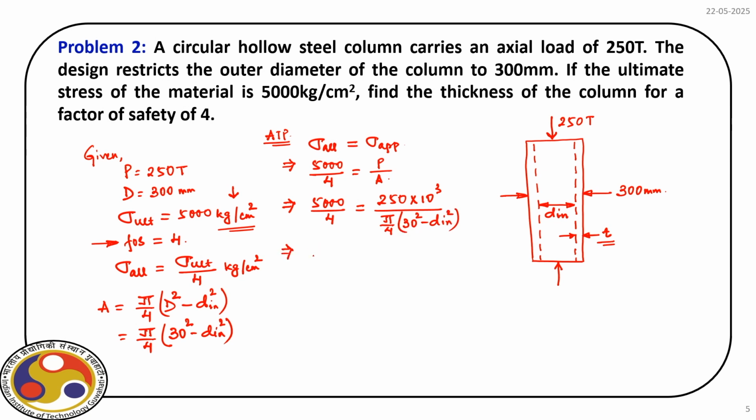Therefore, 30 square minus d in square is equal to 4 times 250 times 10 to the power 3, times another 4 that will come from the denominator, so we have pi times 5000.